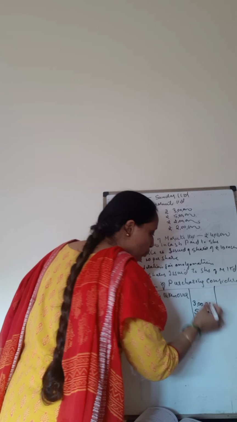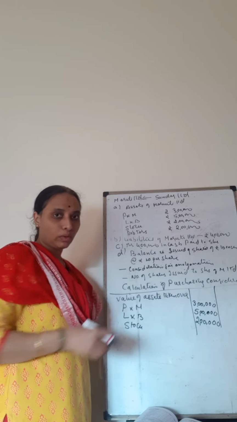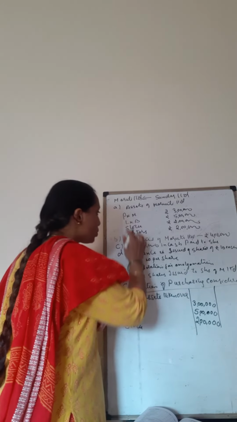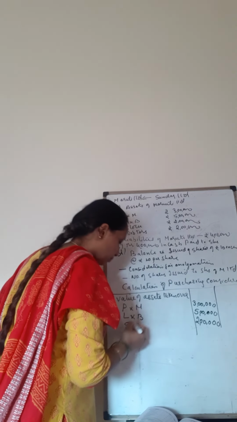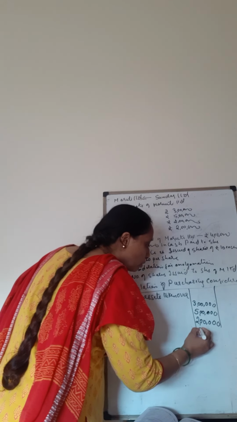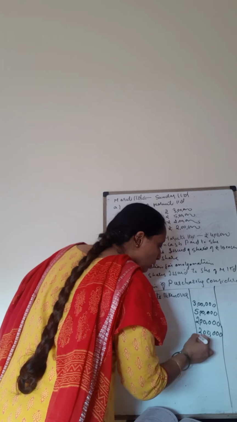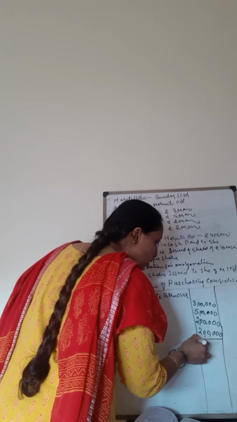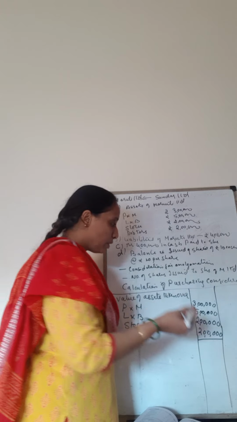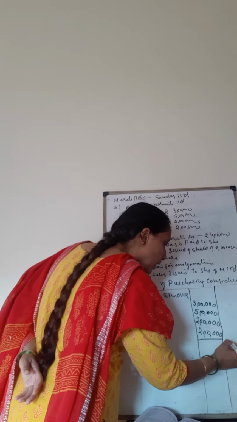All the assets we need to take under the net asset method to calculate the purchase consideration. All the assets taken minus liabilities is the purchase consideration. Stock we have taken, then debtors 2 lakh. Then we will total and take it to the outer column so that we can deduct the liability amount. How much is it? 5, 8, 9, 10, 11, 12 lakhs.